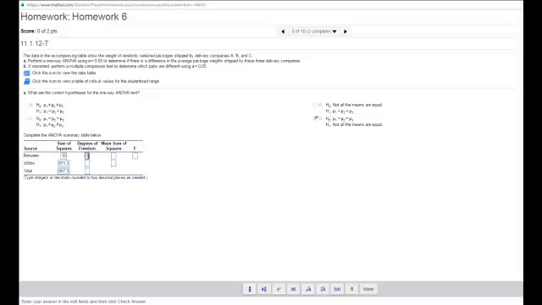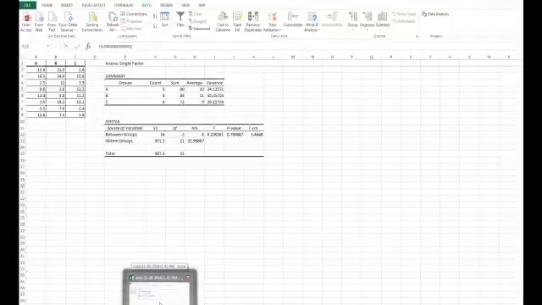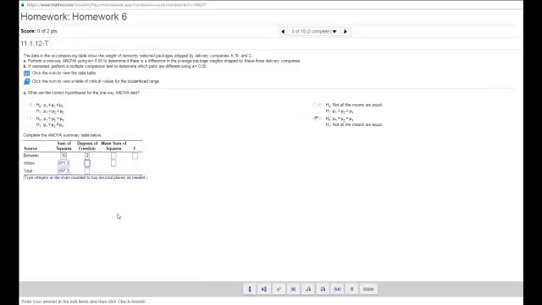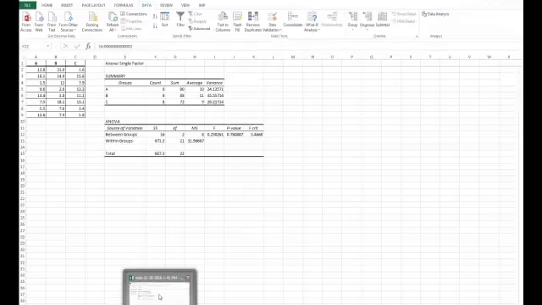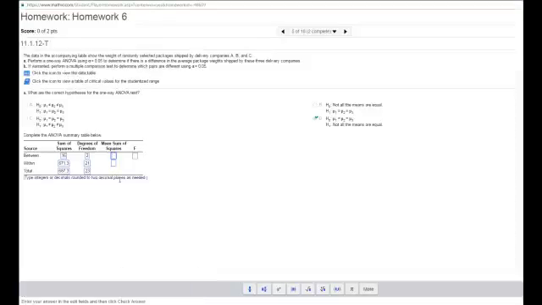And then our degrees of freedom, 2, 21, and 23. Our mean squares, I had 8 and 31.9 6 7.